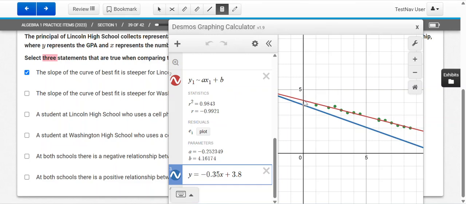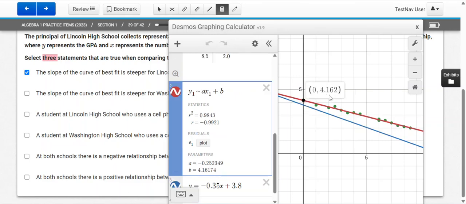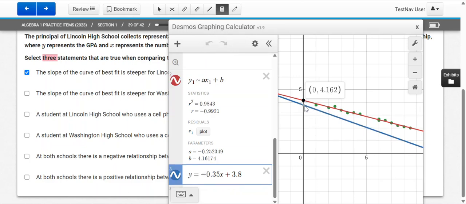The first principal at Washington High School has about a 4.1 GPA, but Lincoln High School, the second one, has a 3.8. So remember you just have to keep track of which graph represents which high school. The second one was Lincoln High School.